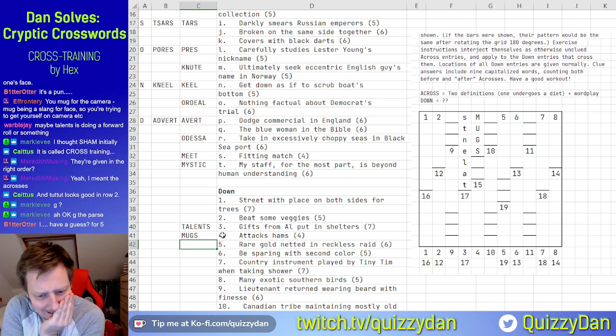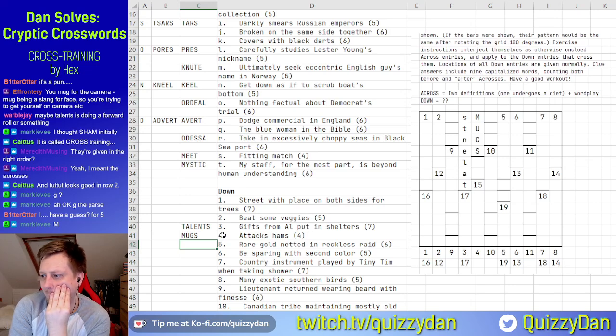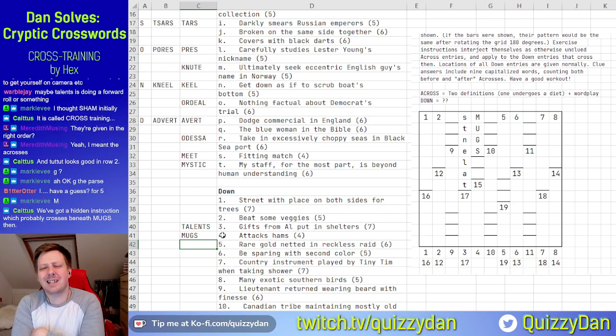First letter, please. Rare, probably. M. A reckless raid. Is that going to be in a melee? Rare gold.